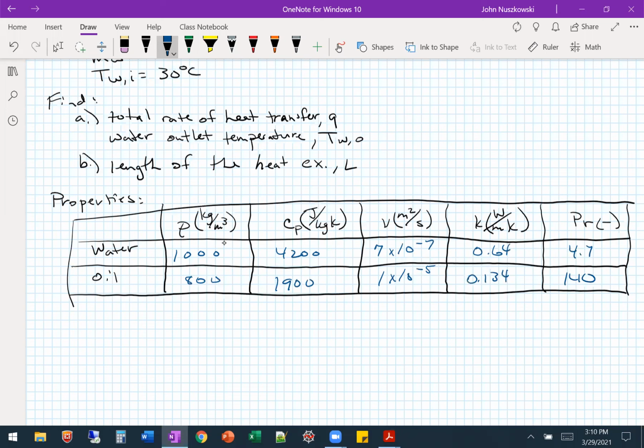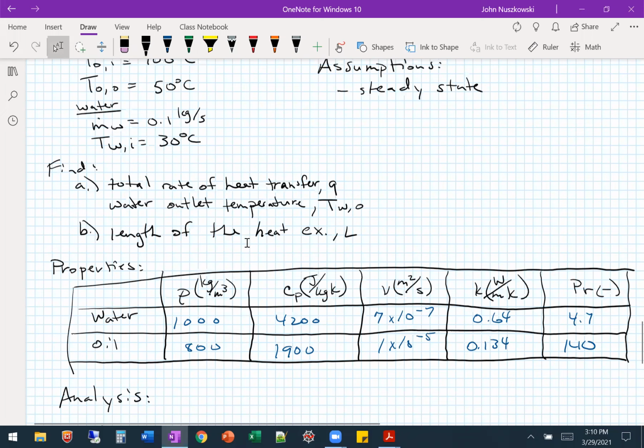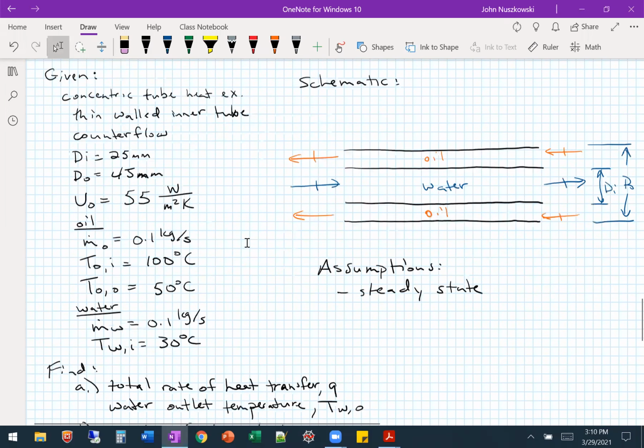Okay. All right. So now we can finally do our analysis on the problem. We have this concentric tube, so one tube inside of another. The inner tube is thin wall, and it's counterflow.